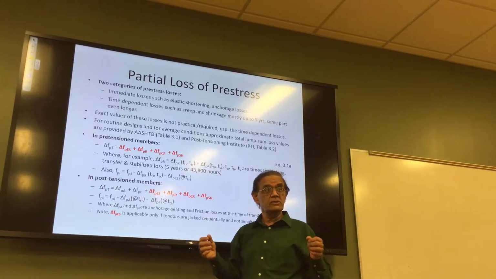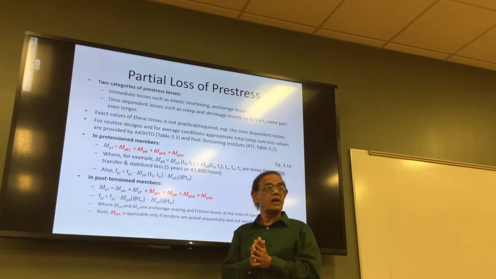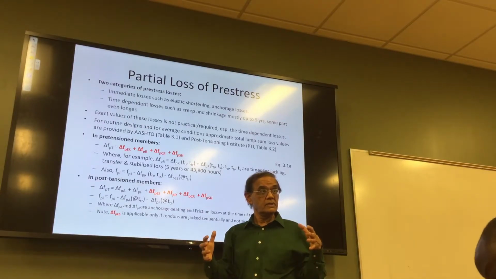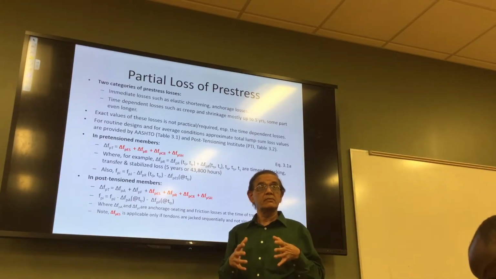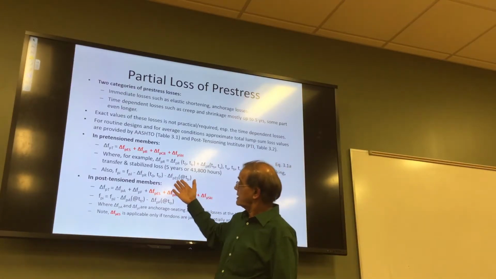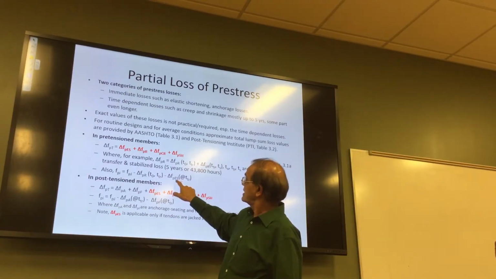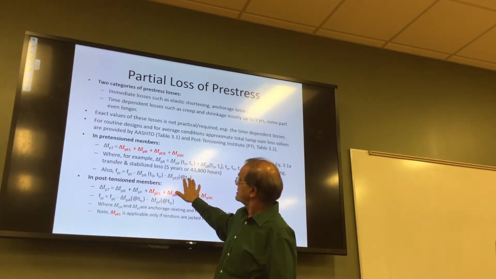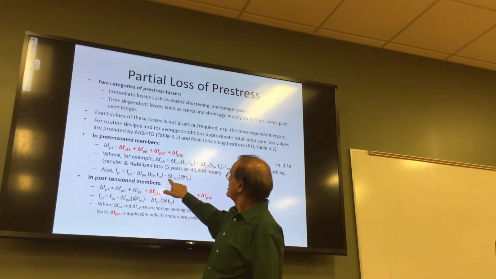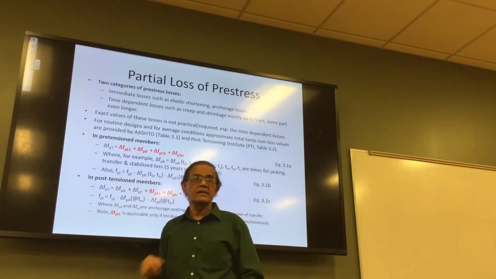So as soon as you cut the bar or the strand, then the concrete material is going to elastically shorten, right, because of the stress. Then you will lose some, right? So you lose some stress. That's why you do it after the transfer. So this minus that is the FPI.